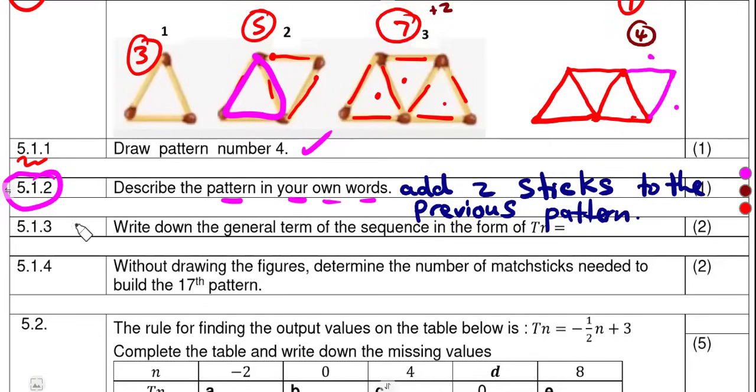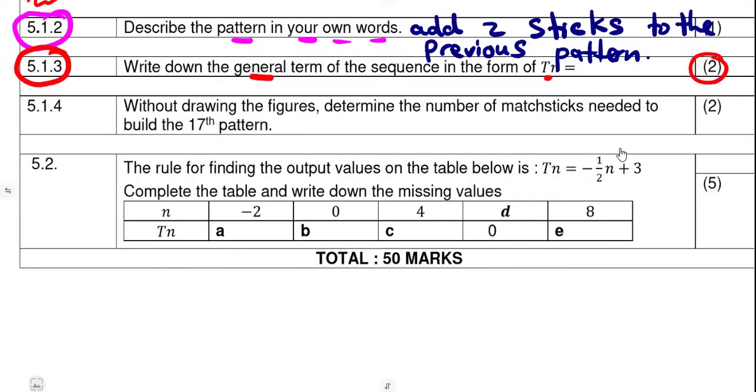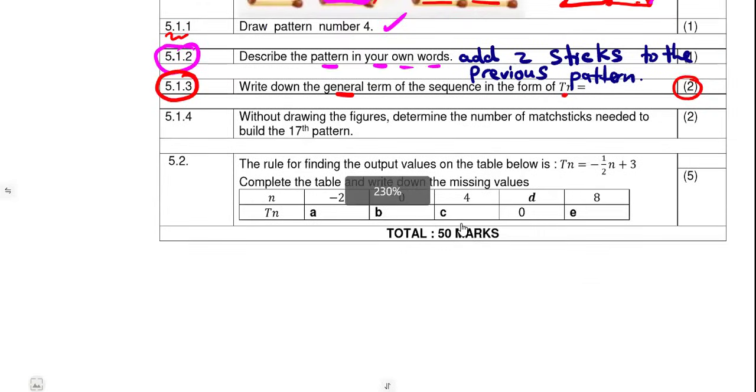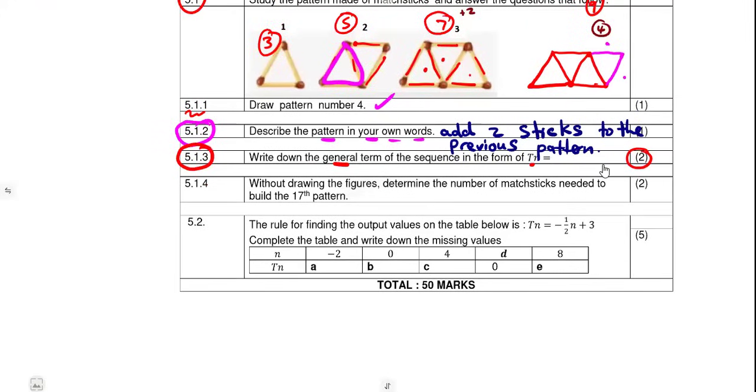So after that, they want you to write down the general term of the sequence in the form Tn. All right, remember your general sequence in the form Tn. So guys, we can see that there is already a difference of 2. What you are adding, 2, is the constant difference.